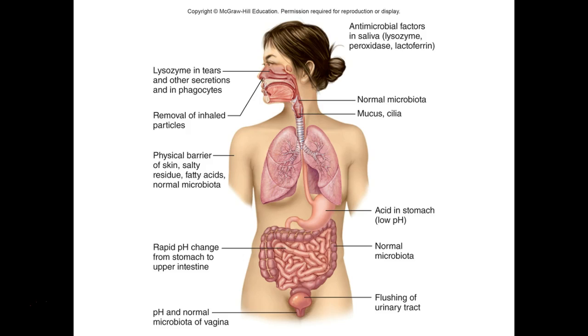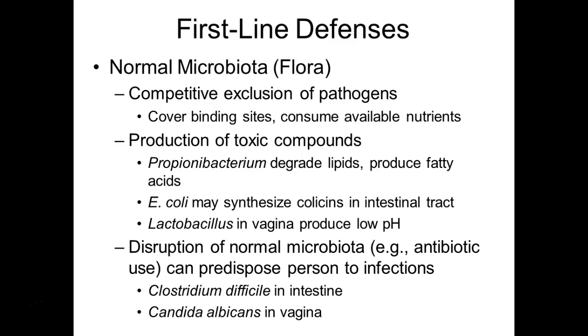For women, the acidic, low pH, and the normal microbiota of the vagina usually, again, competitively exclude other microorganisms that could create a problem. So, as I said, they're taking up the spots, they're eating the available nutrients. Some of them even produce toxic substances that impede pathogens.